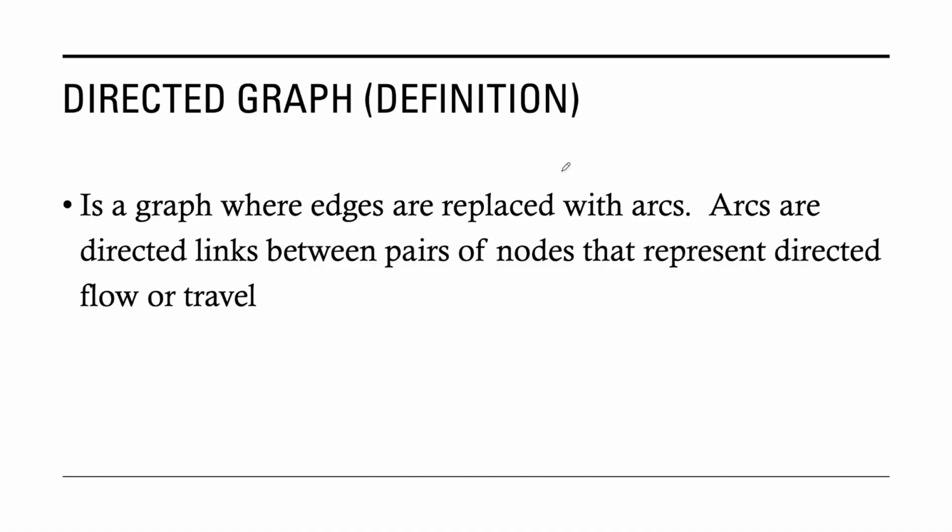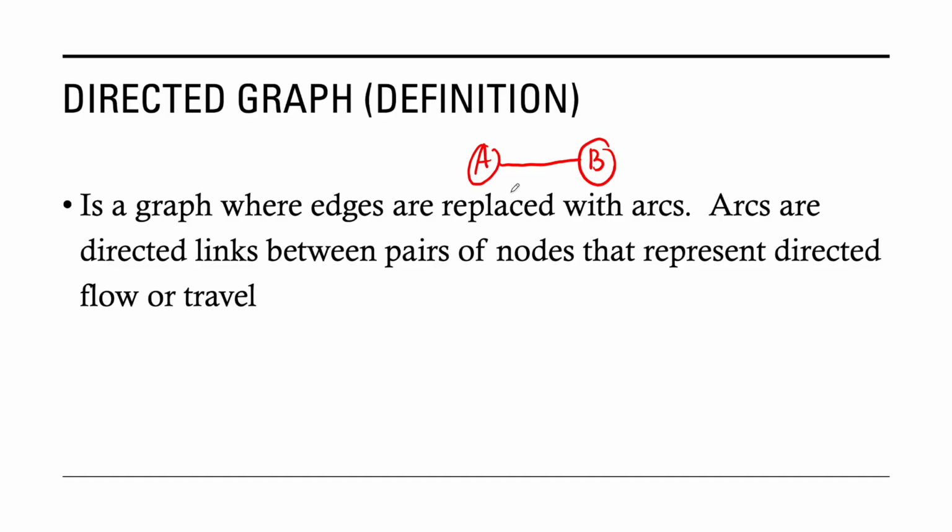Now, a directed graph is a graph where your edges are replaced by arcs. As you can remember from my example a while ago, if we have node A and node B, and they are connected by a line, in this case, this is an edge.